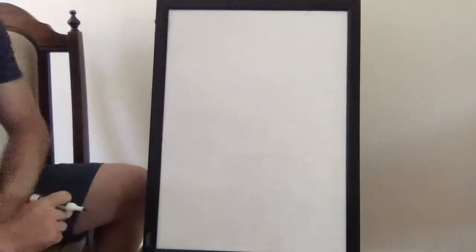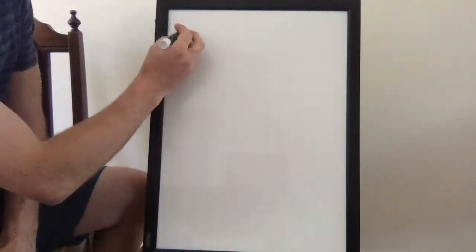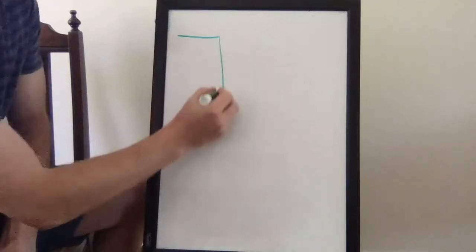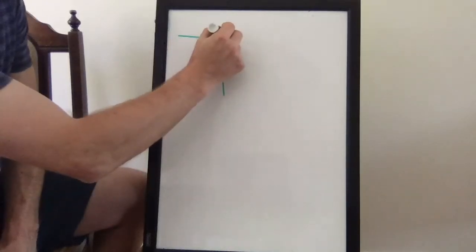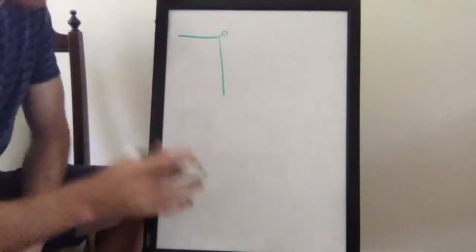So let's dissect this a little bit and figure out just how this works, okay? I'm going to do this question on the whiteboard because I miss using the whiteboard sometimes. So what we have here is a table, like so. We could say that we have a pulley on the edge of the table, but it's not necessary.